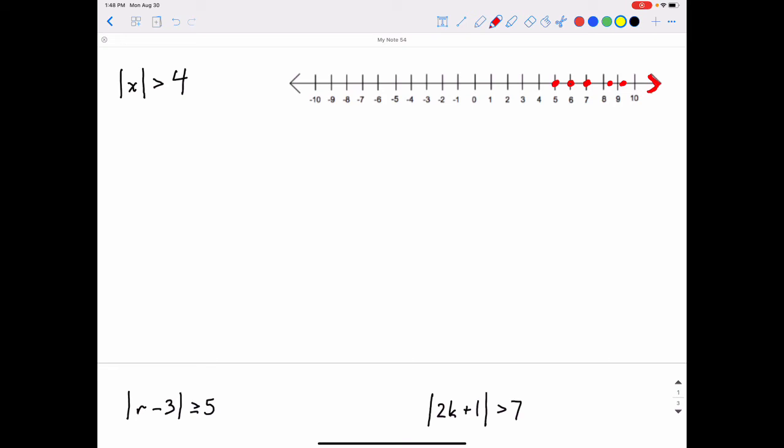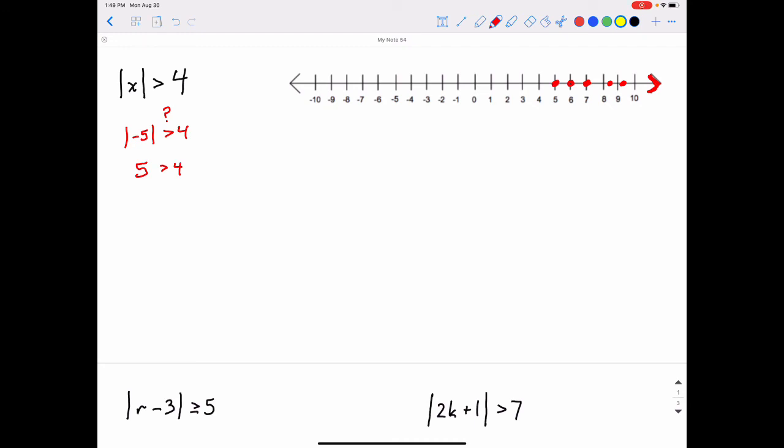So are those the only numbers that have absolute values greater than 4? Well, what about a number like negative 5? What is its absolute value? Is it greater than 4? It sure is, because the absolute value of negative 5 is 5, and that is a number that's larger than 4.